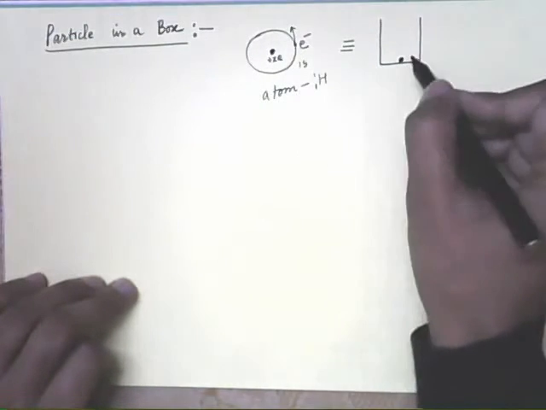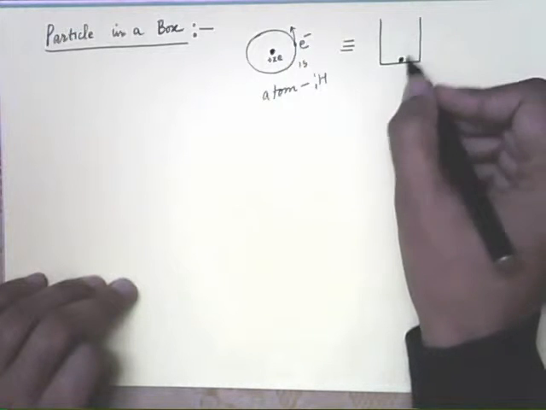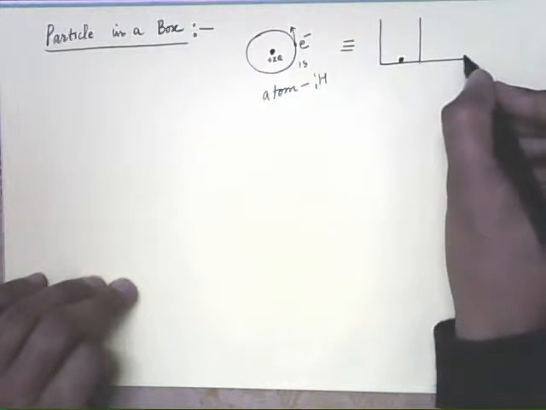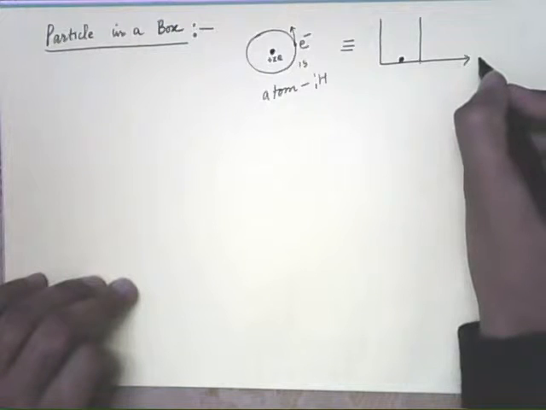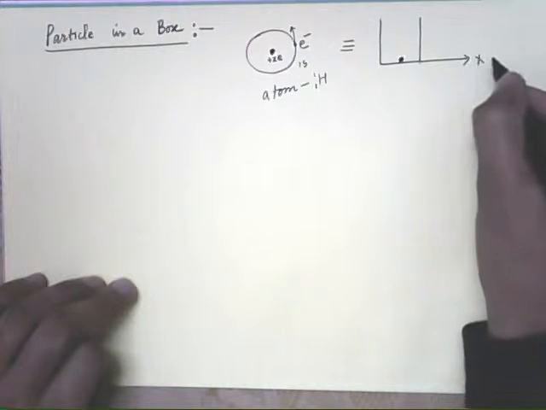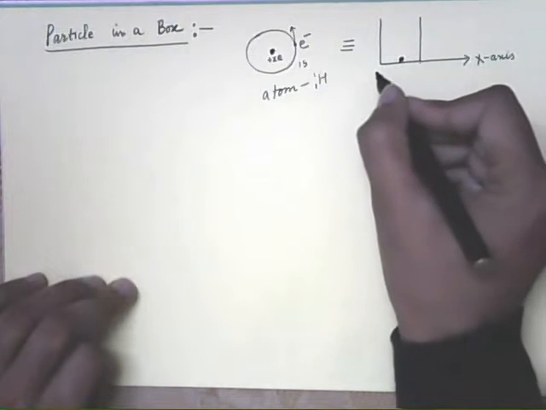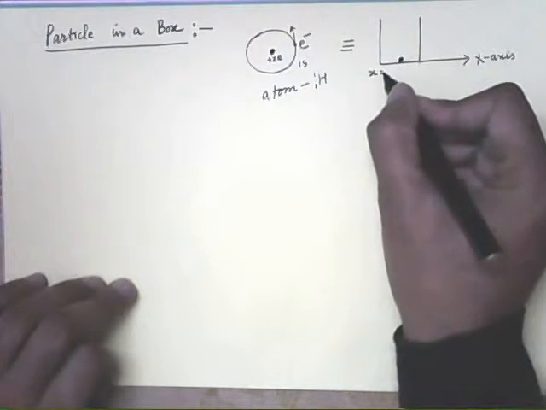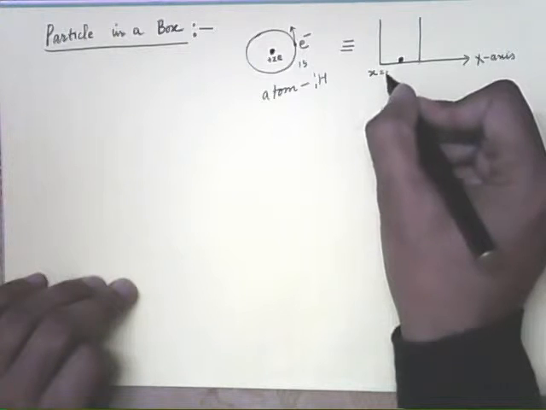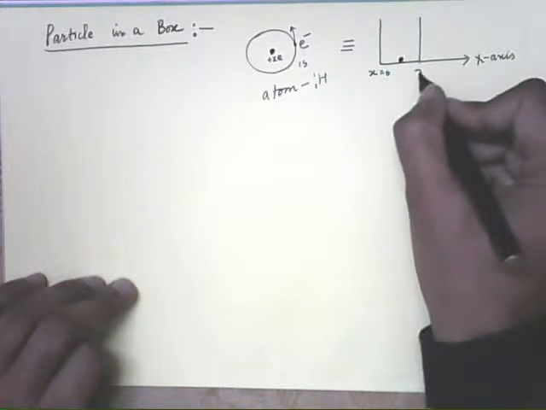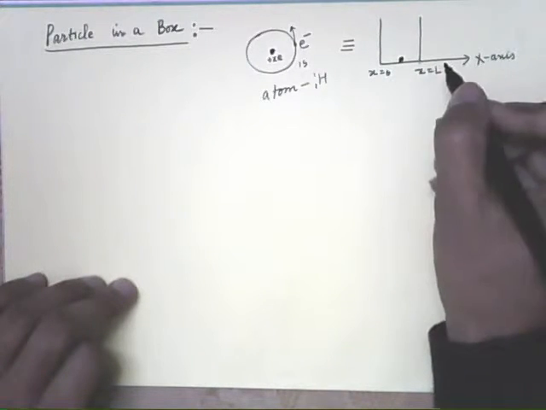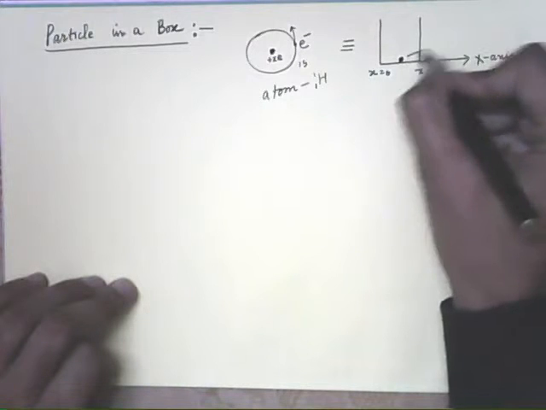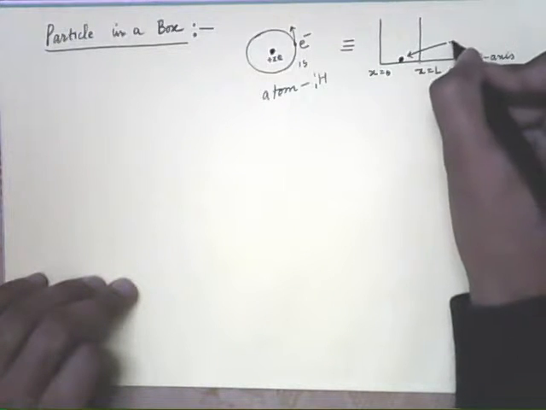Now this electron is in this well, and here we are considering the well one dimensional along the x-axis. So the dimension of the well is x equal to 0 to x equal to L, and this is our electron.